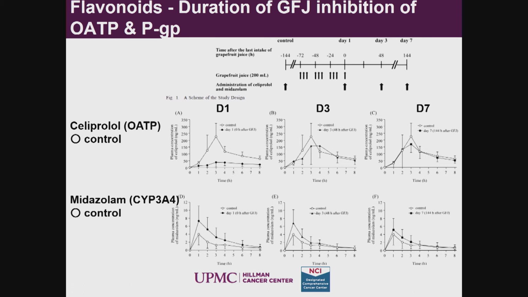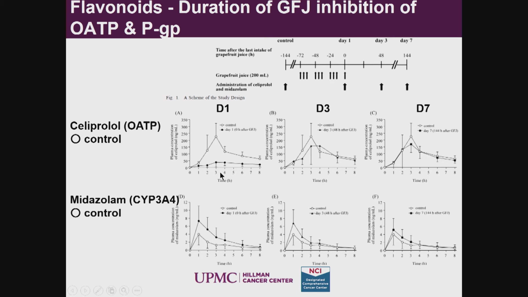So now we have these two opposing effects. We have an effect on the influx carrier OATP, and we also have the effect on CYP3A4 by grapefruit juice. And so we have here two probes, celiprolol and midazolam, after oral administration, and this is with the first dose of grapefruit juice.